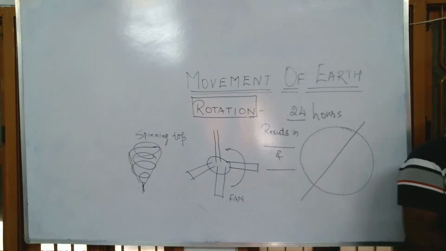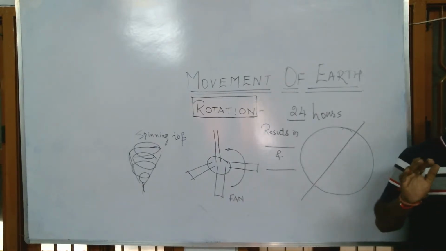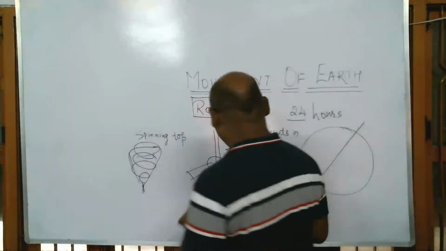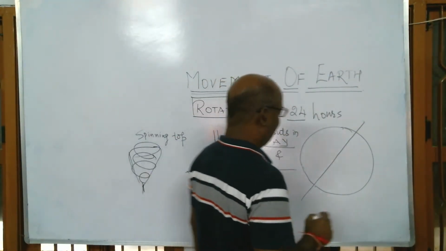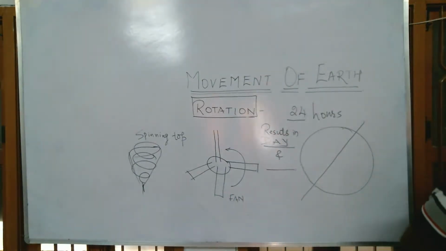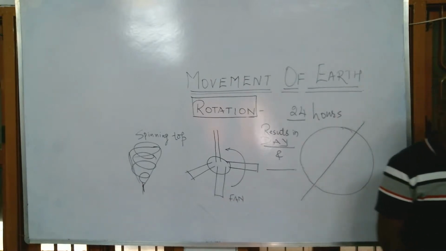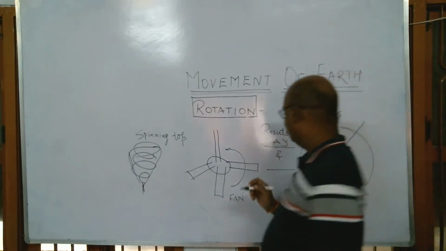Krishnam Maheshwari wrote correct. The part which is facing the Sun, what will be there? Day. Okay. And the part which is not facing the Sun, again correct answer, that is night.